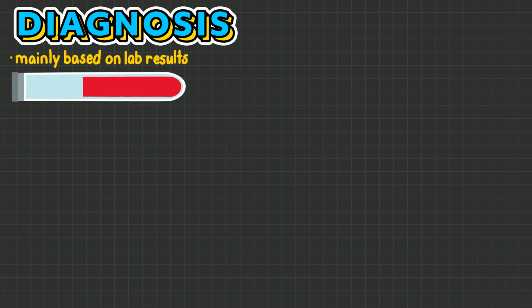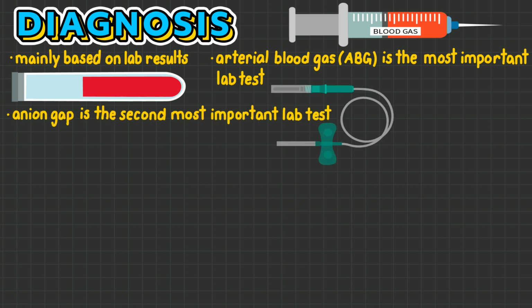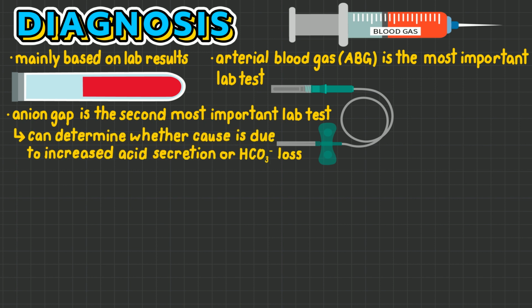Diagnosis of metabolic acidosis is based on lab results. The most important lab test to diagnose metabolic acidosis is an arterial blood gas, also known as an ABG. The second most important lab test is anion gap, as it can determine whether the cause of metabolic acidosis is due to increased acid secretion or a loss of bicarb.